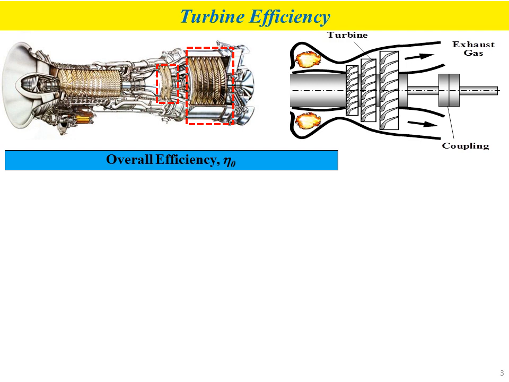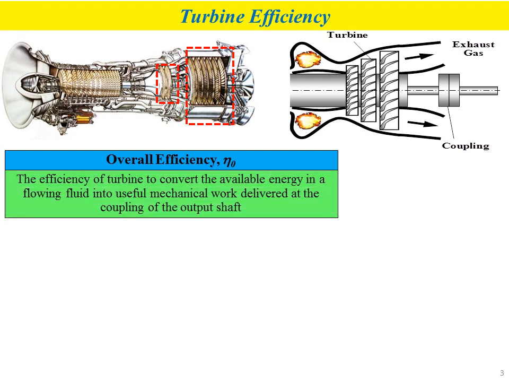The first general efficiency equation for the turbine is called the overall efficiency, represented by mu naught, or mu 0. The meaning of the overall efficiency is the efficiency of the turbine in converting the available energy in the flowing fluid into useful mechanical work delivered at the coupling of the output shaft.